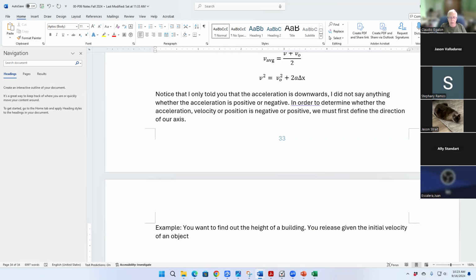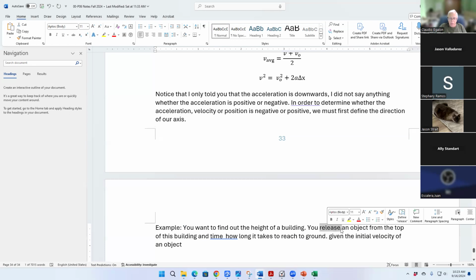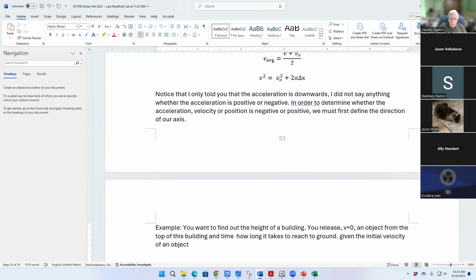You release an object from the top of this building and time how long it takes to reach the ground. Release means v equal to 0. What's the height of the building?